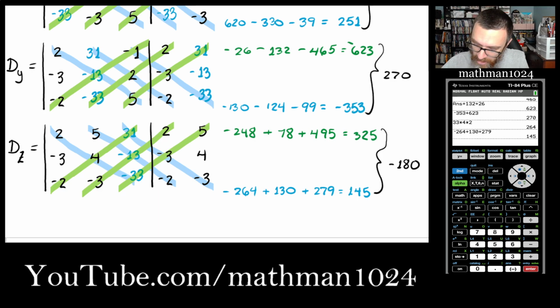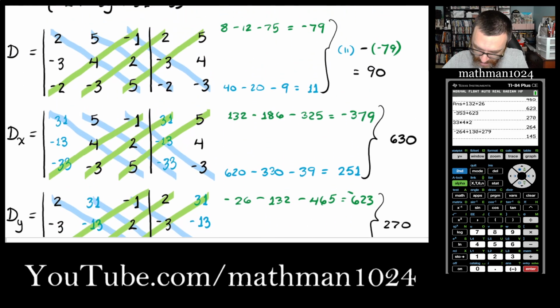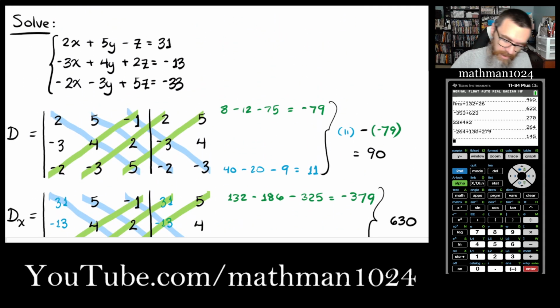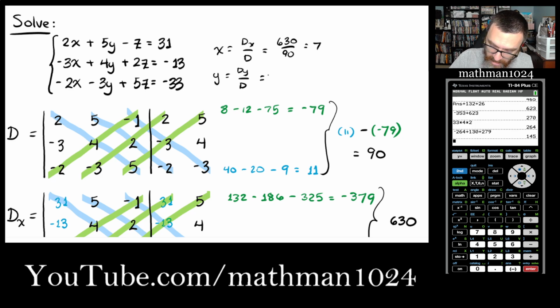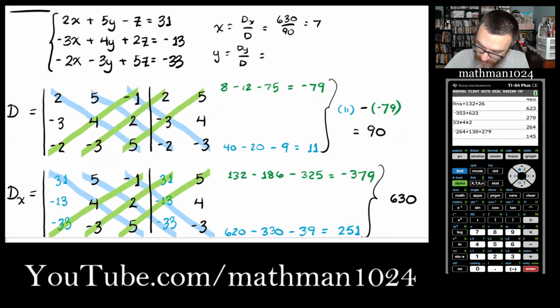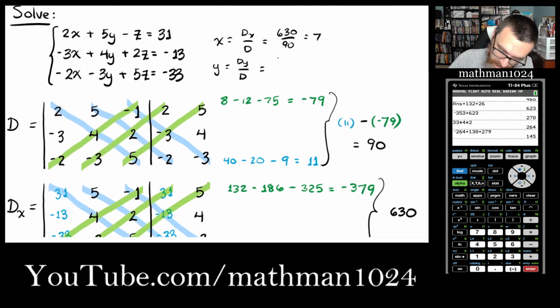All right, so as I work this out, coming all the way back up here, that means my x value, dx over d, is 630 divided by 90, so that makes it 7. Y is going to be, what was the dy? 270.